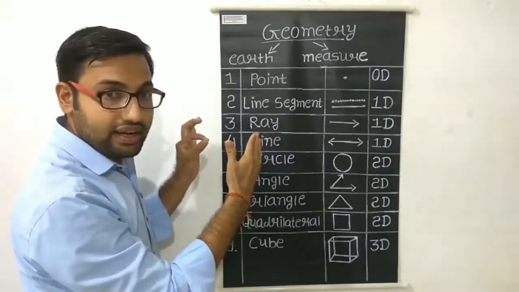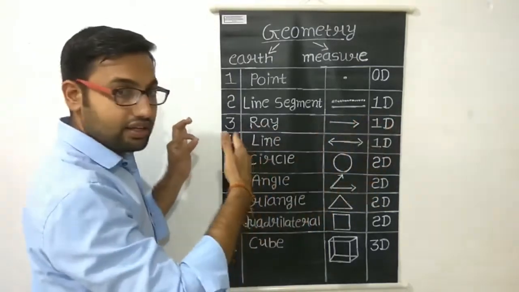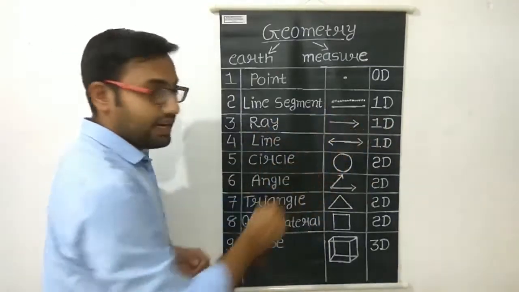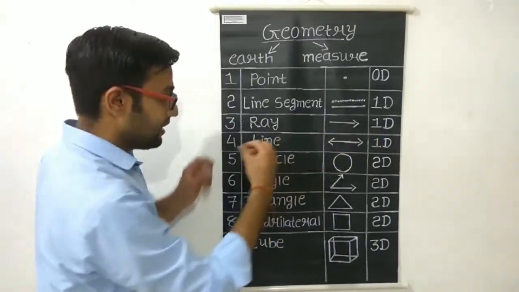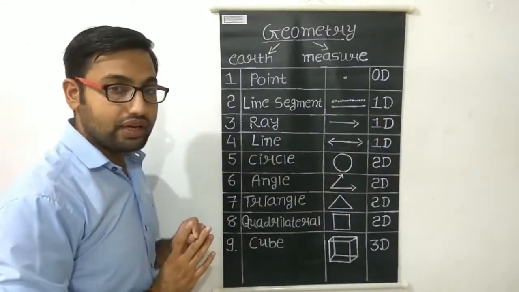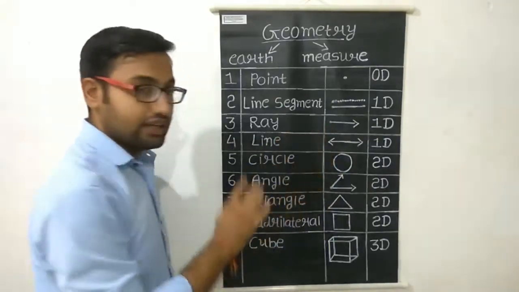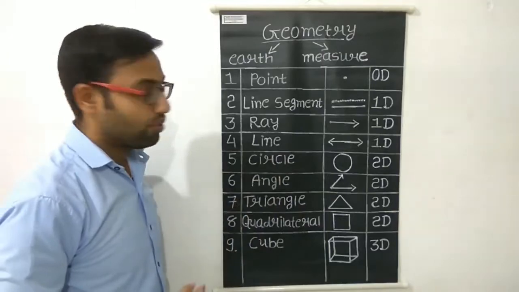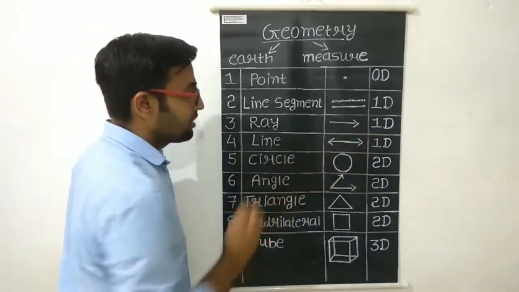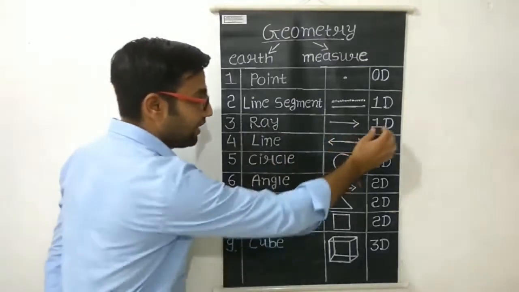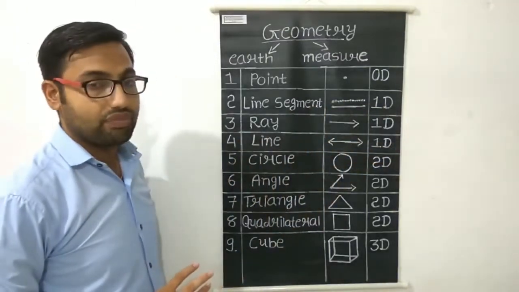To show that, we use this arrow. The arrow indicates that this line is continuing itself and is never ending, right? So one side is ending, the other side is never ending. This type of symbol is used for a ray. It is again a one dimension quantity, right?